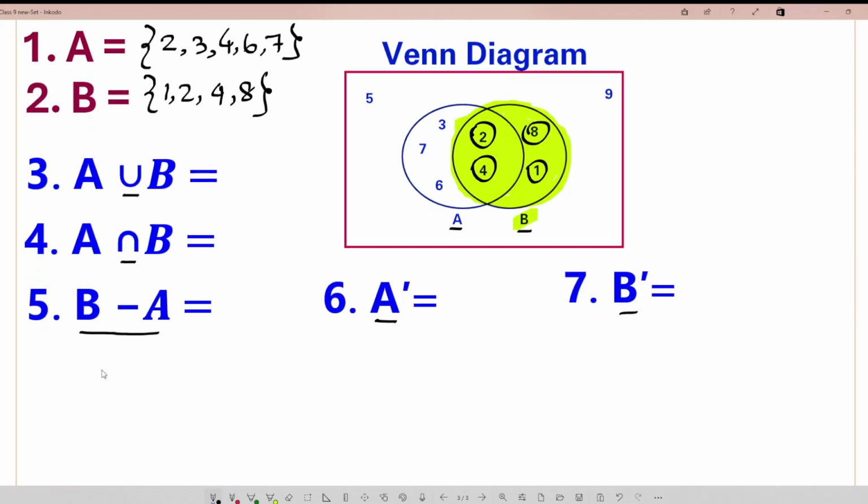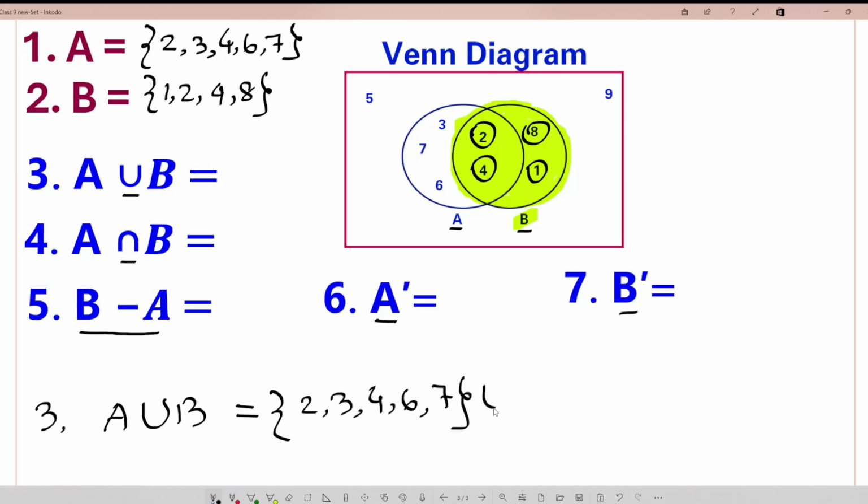Now the main thing, what is A union B? A union B, union means we can take numbers common and uncommon, everything. It means A set has something, B set has something, and combined also something. We will take everything. A means 2, 3, 4, 6, 7, right? Union B means 1, 2, 4, 8.